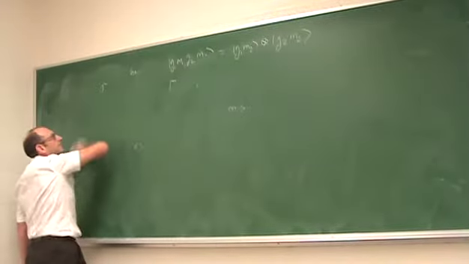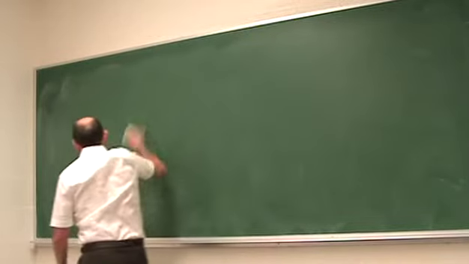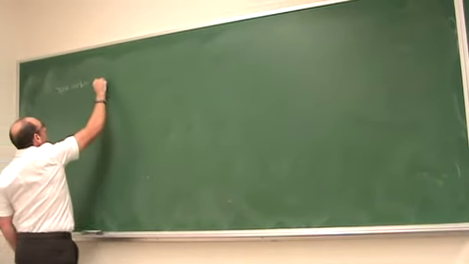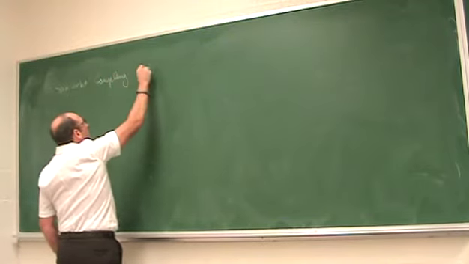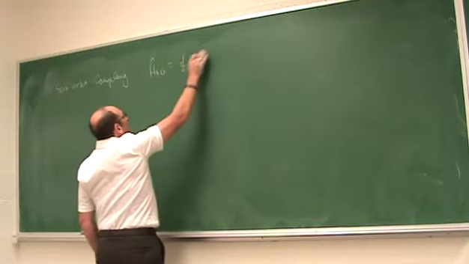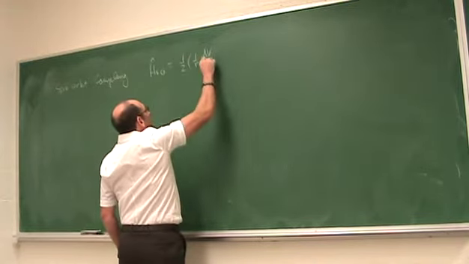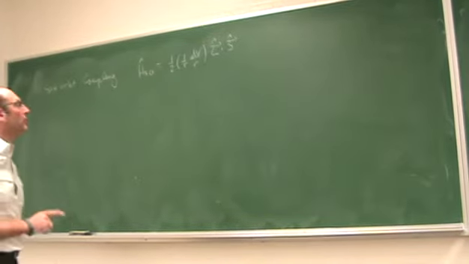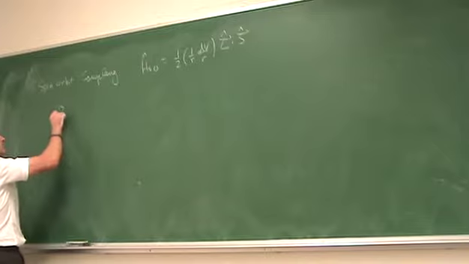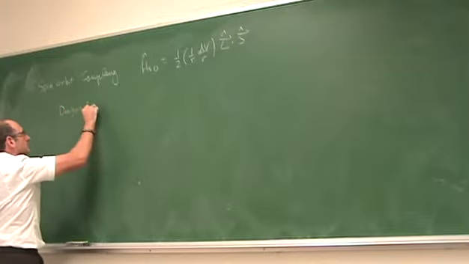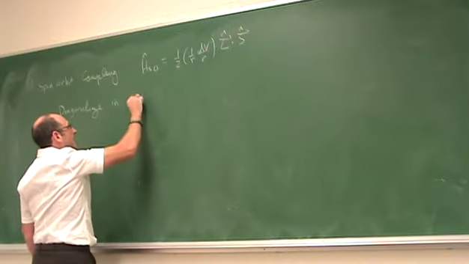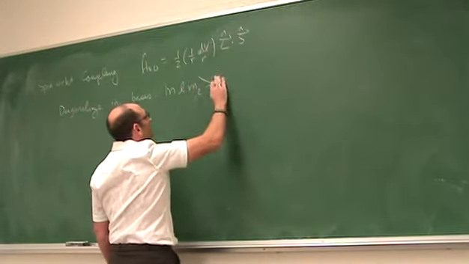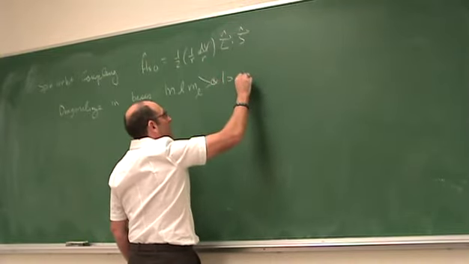What was the point of all of this? Well, the spin-orbit coupling, okay, we need to diagonalize this in the basis n, l, m sub l, s, m sub s.